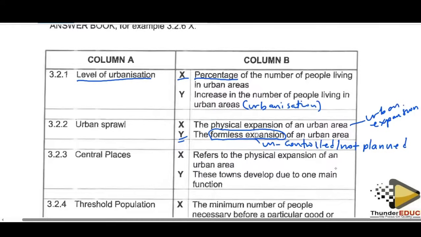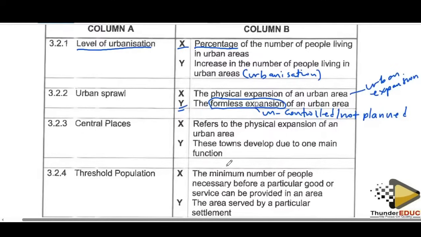3.2.3, central places. Option X refers to the physical expansion of an urban area, and option Y, this town developed due to one main function. So Y will be the correct answer. Why not X? Because X is referring to urban expansion. Yet central places are towns that develop due to one main function.